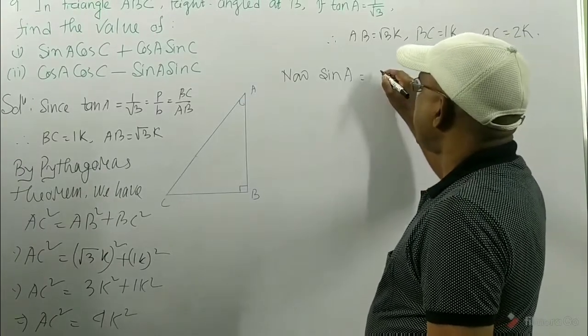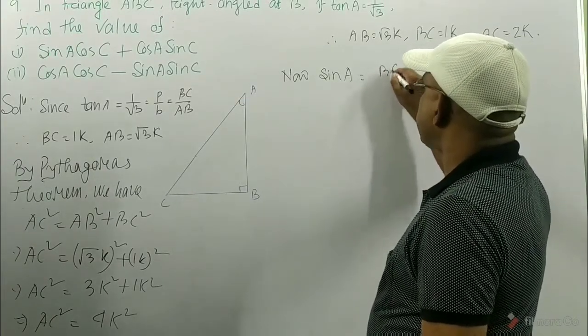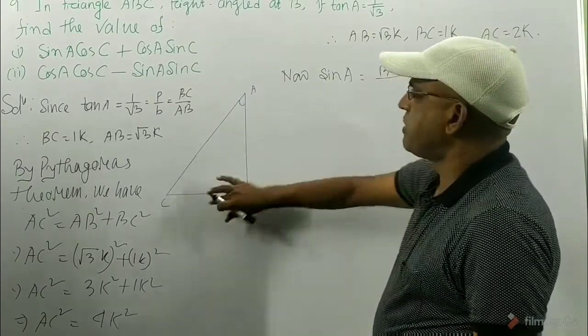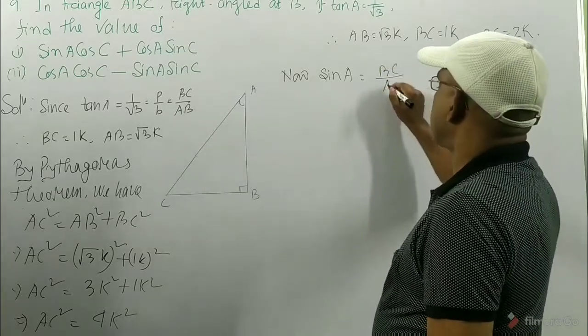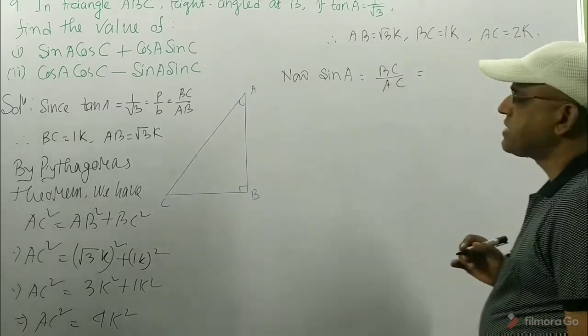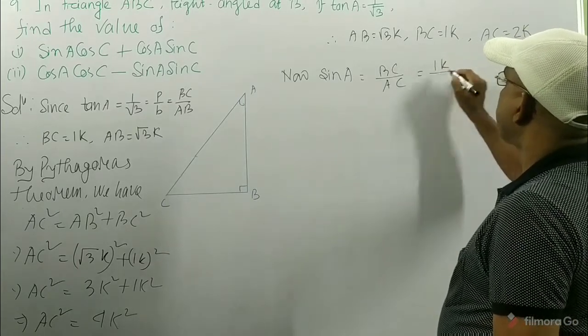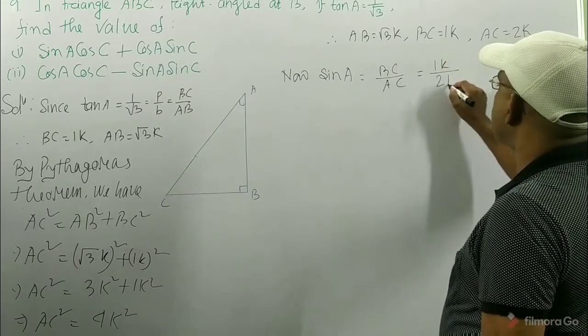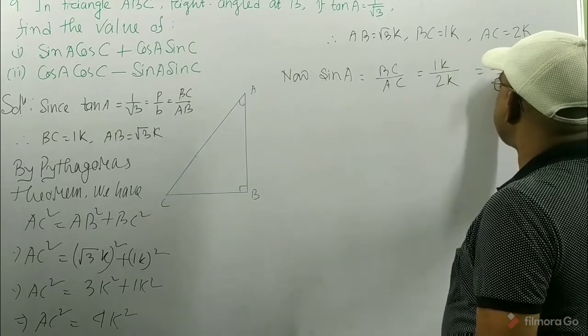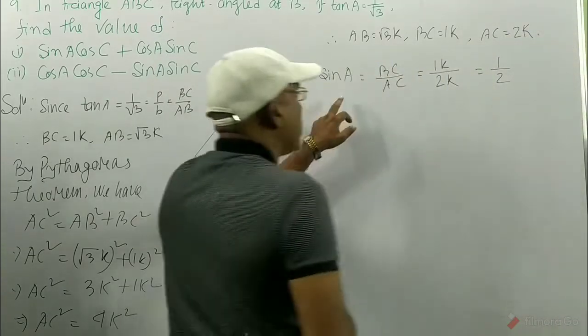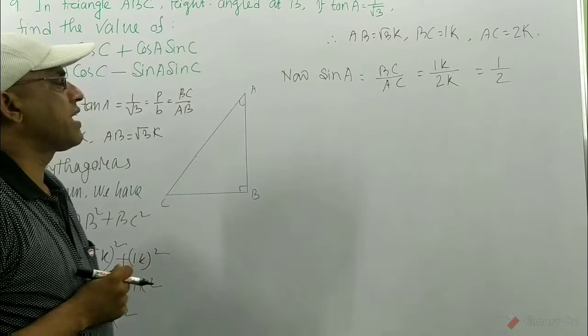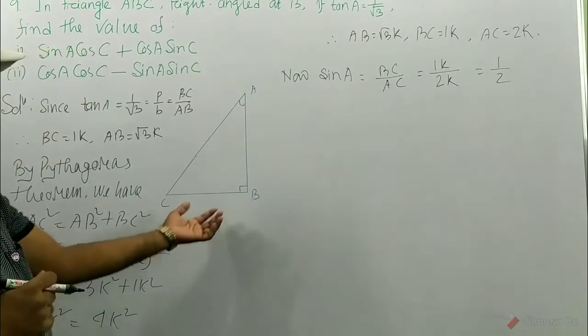So sin A equals BC by AC. BC is 1K and AC is twice K. K cancels, we get 1 by 2. So sin A equals 1 by 2.